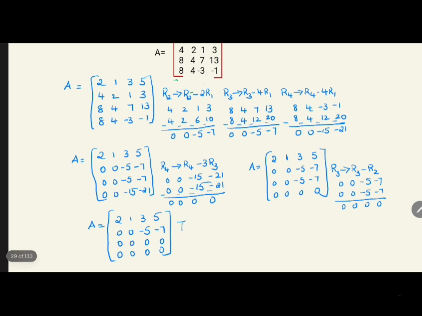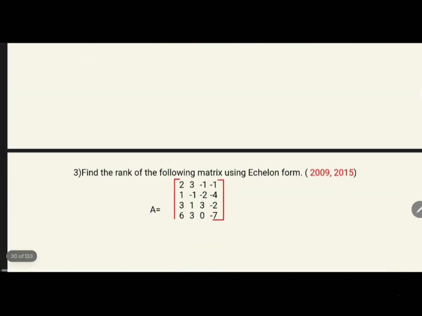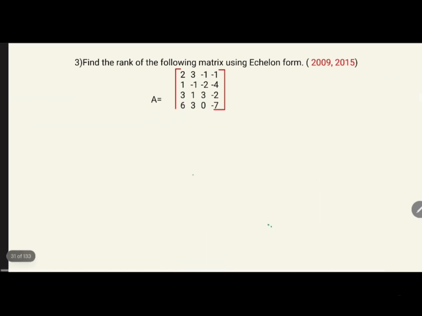So we can say that this is in echelon form. Now how many non-zero rows are there? There are two non-zero rows. Therefore the rank of the matrix is 2. Is that clear, students? Now let's start the third problem.